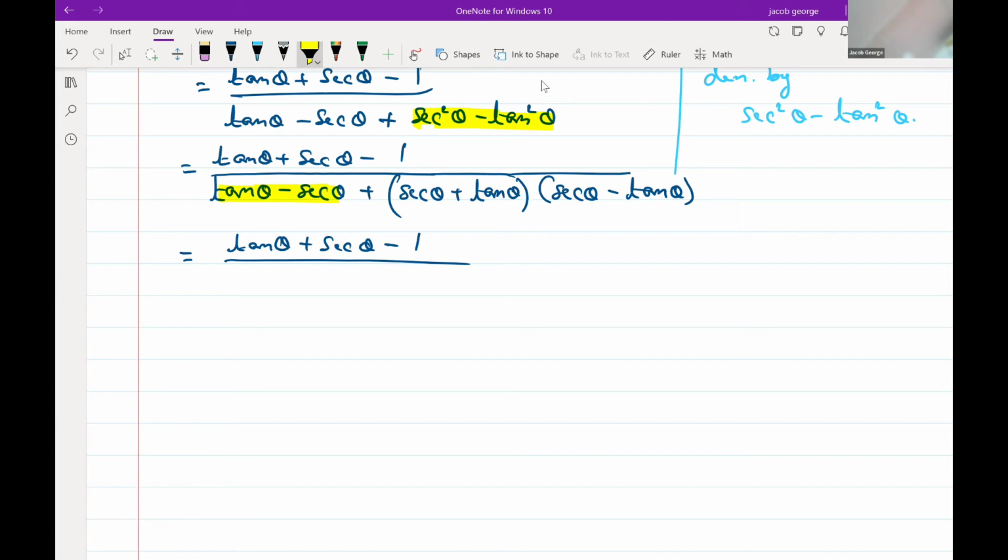How to reverse it we studied in one of the sums. We have to take minus outside. When we take minus outside, this will be plus, and this will become minus. So it is sec theta minus tan theta. So from the first term, I will take minus outside like this.